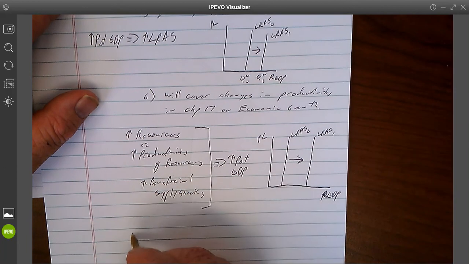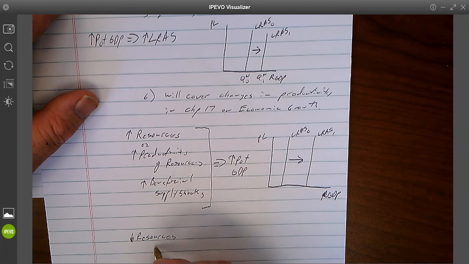Okay, and any decrease in resources or decreases in the productivity of resources, and you can go back to that video for some examples, or what we would call adverse supply shocks. And again, these are all bad news for potential. These decrease potential GDP.